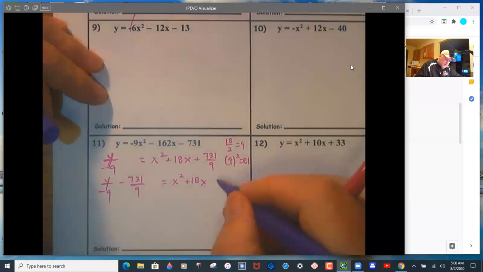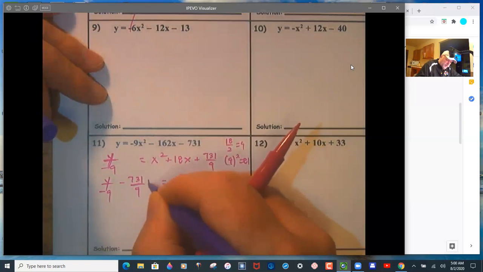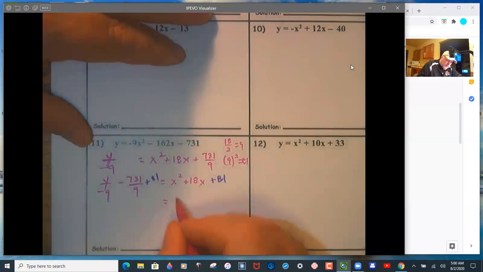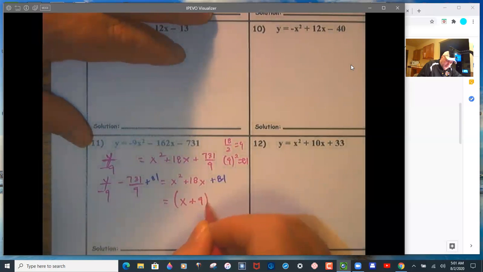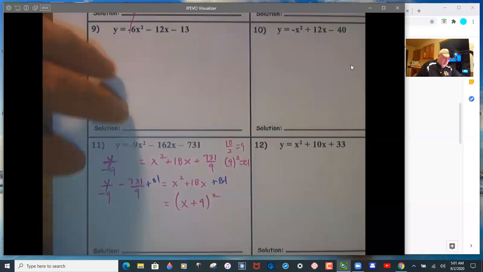Now this is awful awkward here. I'm using purple, I don't know why. So the right side is x plus 9 squared. And then the left side, negative 731 over 9, you're definitely going to have to use some of your calculator. So negative 2/9.